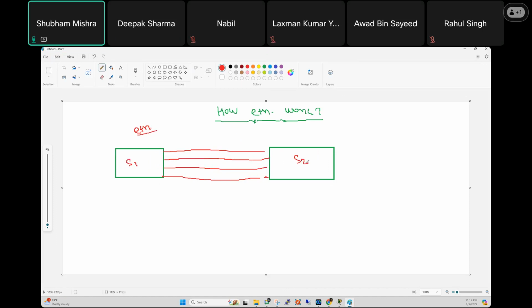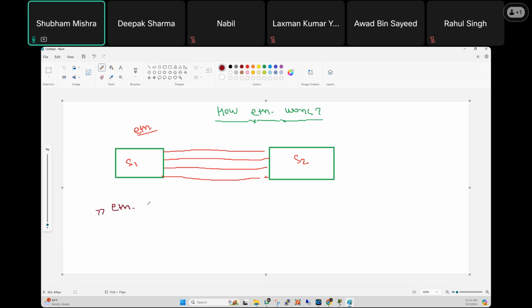When we configure EtherChannel on switch number 1, tell me, on switch number 1 how many ports are there? Total four ports are there. So when we configure EtherChannel, what will EtherChannel do?